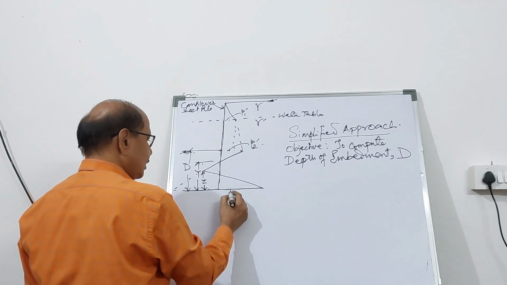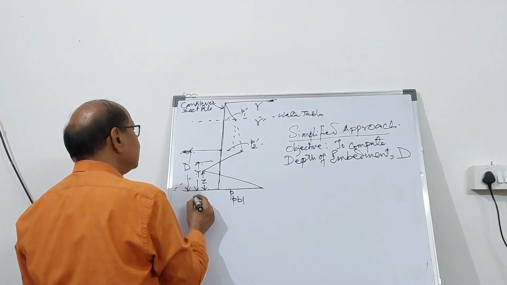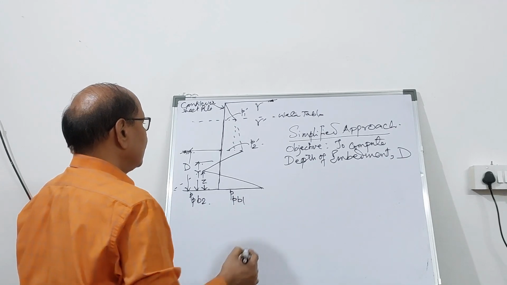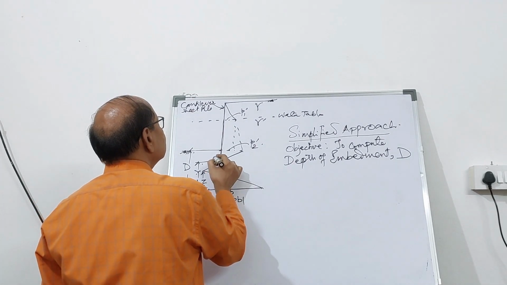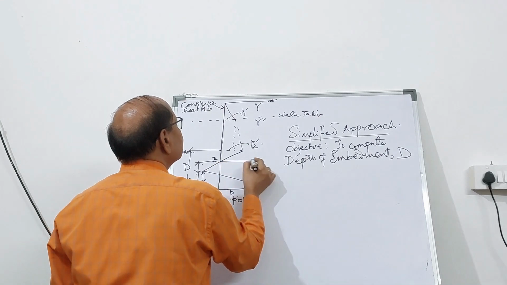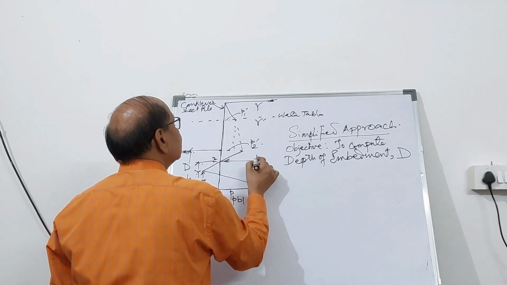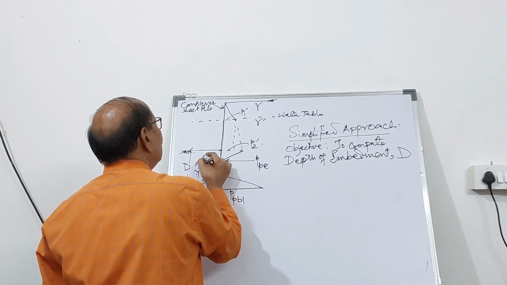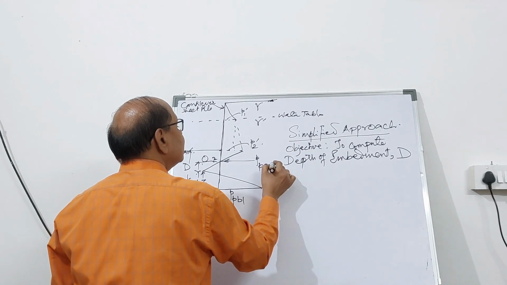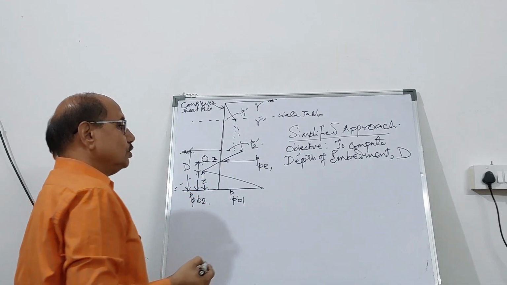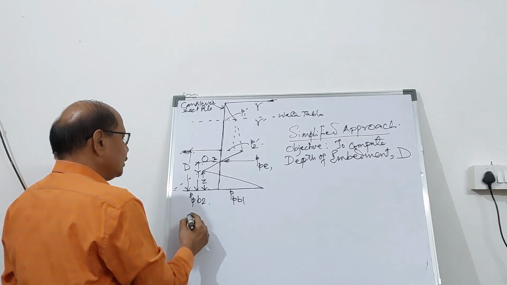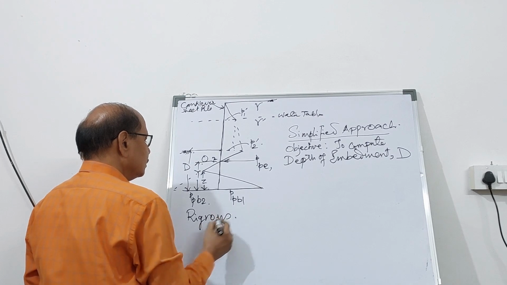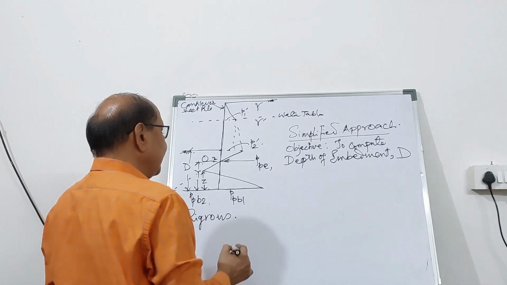The pressure here is going to be PPB1, PPB2, and here at this point this pressure is PP at E, or if this point is called O, then it is called PP at O. So this approach is quite rigorous in nature.